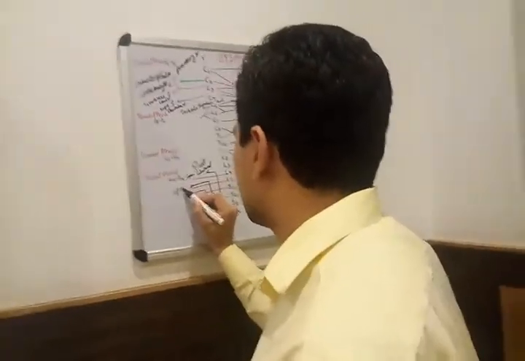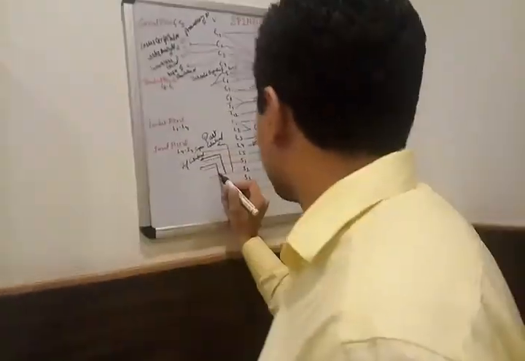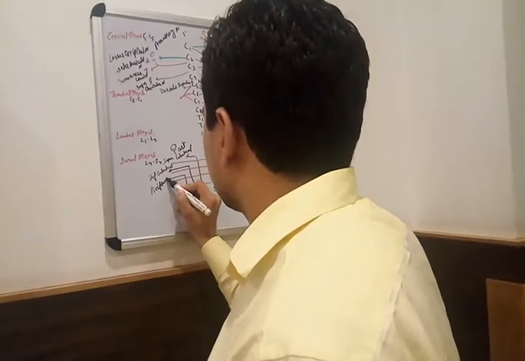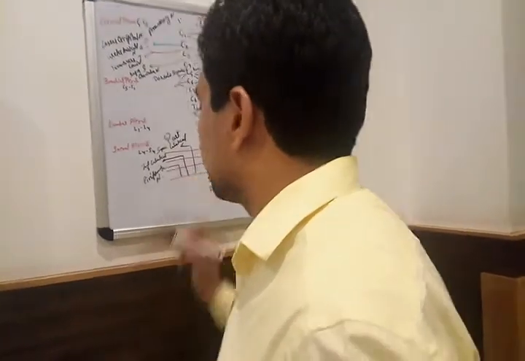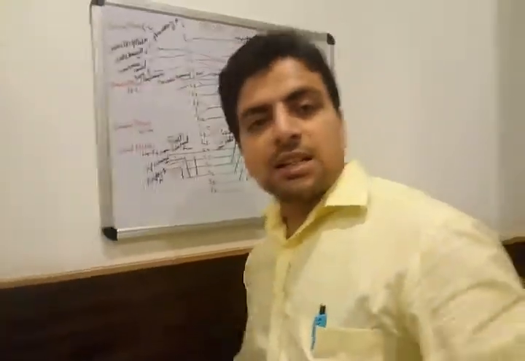Then piriformis nerve is from S2 and S1. The piriformis nerve supplies the piriformis muscle, and the inferior gluteal supplies the gluteus maximus muscle.